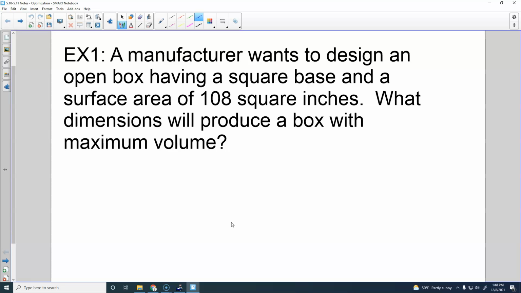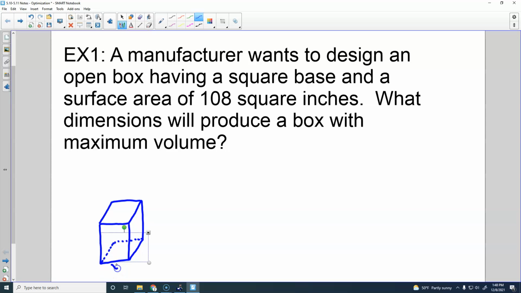So we have a square base, and it is an open box, so it does not have a top. It does not have a lid. So, if we draw ourselves a picture of what this would look like, only the base is square.